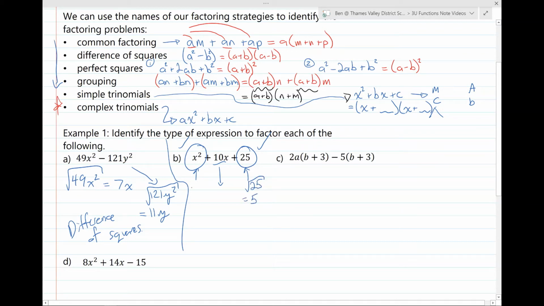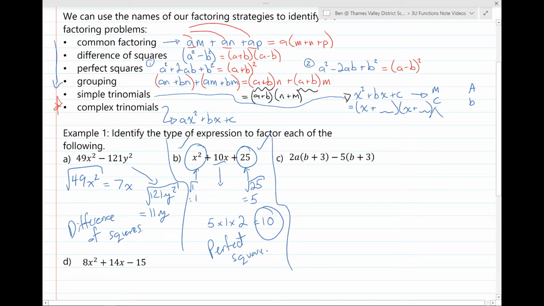The square root of my first coefficient, the square root of 1, equals 1. And 5 times 1 times 2, remember we need to multiply that by 2 because that's what's shown in our equation up here, we get 10. Okay, so since our b term is 10, this is a perfect square, which is easier to solve than a simple trinomial because we can just follow a pattern that we know.